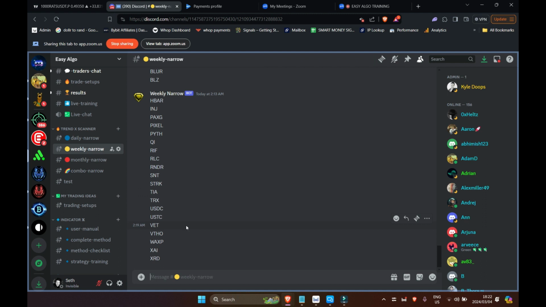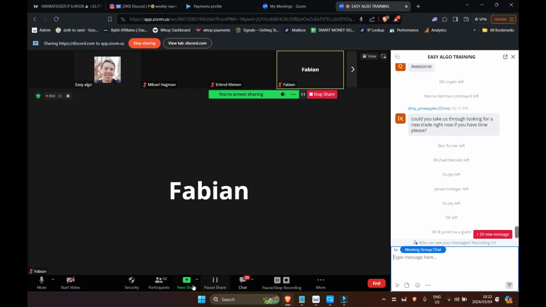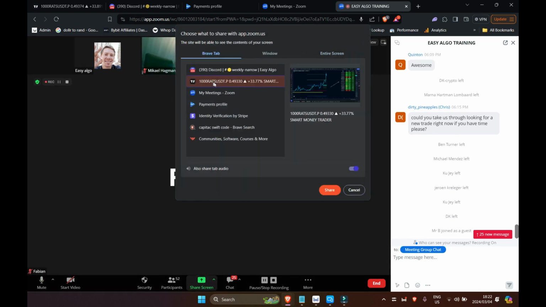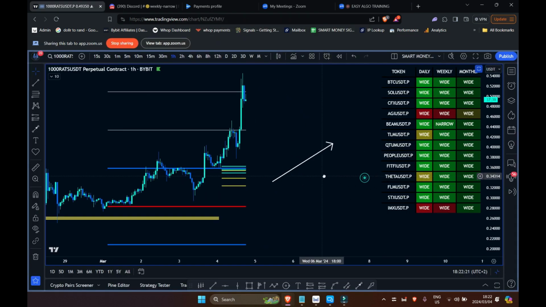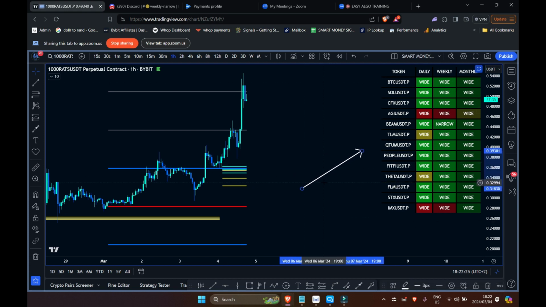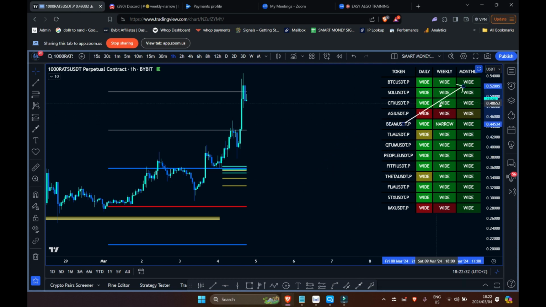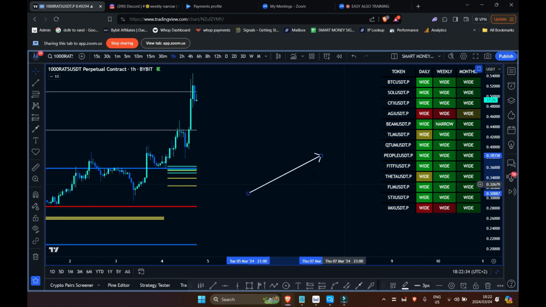So just imagine I took a whole lot of these, and I won't do them one by one because it'll take a while, but just imagine I took 13 of these into TradingView, and I started inserting them into the scanner over here. And this is something that I see would be a very good practice to do. So every week you've got the weekly ones, every month you've got the monthly ones. You can grab them, put them in here, and then immediately you can have a look.